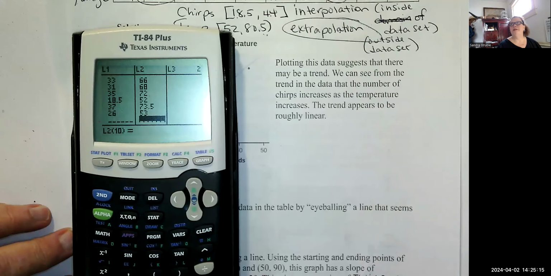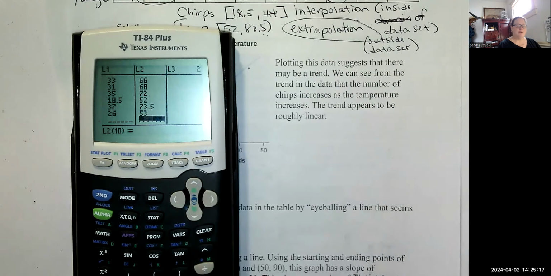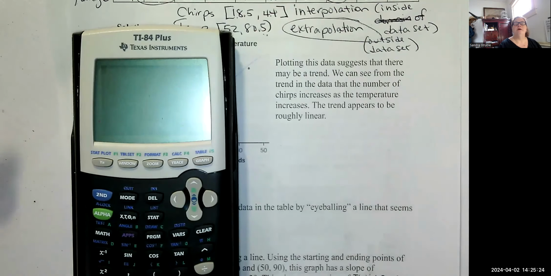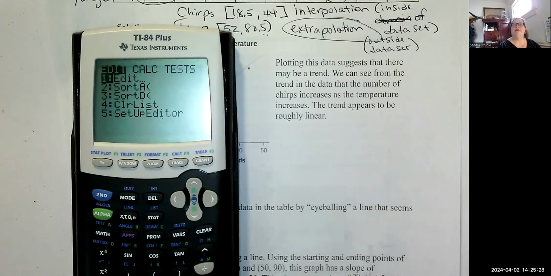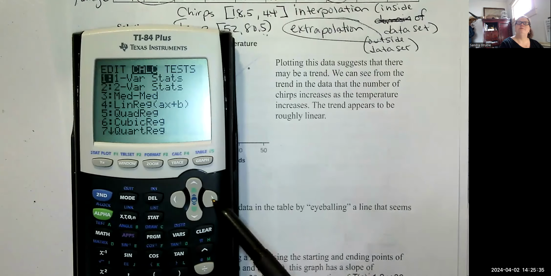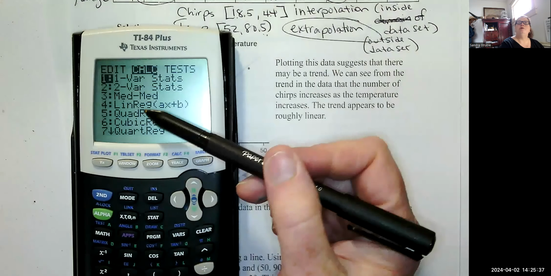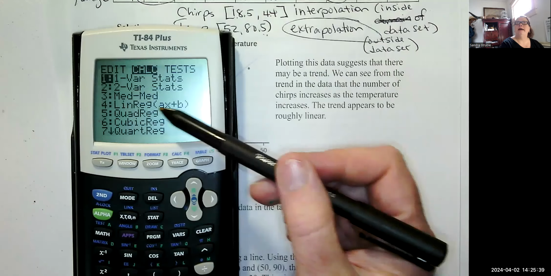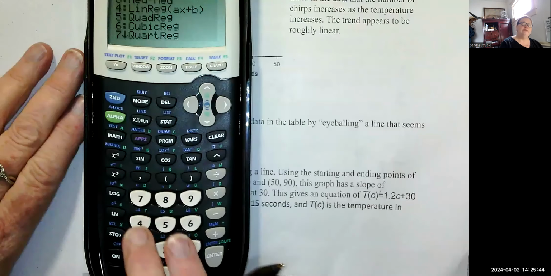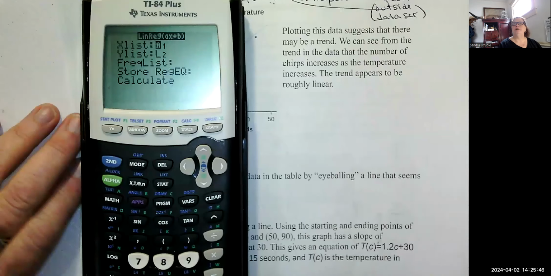Okay, once you get all of your data in, just leave it there. You can clear it, whatever you want to do. You can just quit. Second mode is quit. The next thing you're going to want to hit is stat. All right. And we're going to go one button over to calc. So you can just use your arrow button to move over to calc. And now we're going to go to the linear regression line, ax plus b. And this is number 4. You can scroll down or you can just hit 4 and it takes us straight to it.